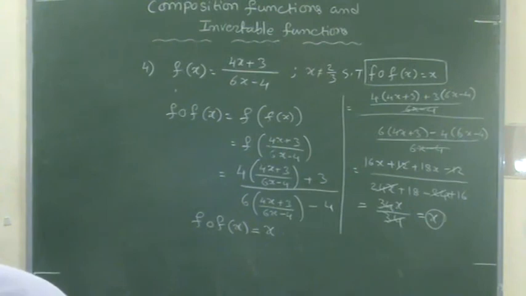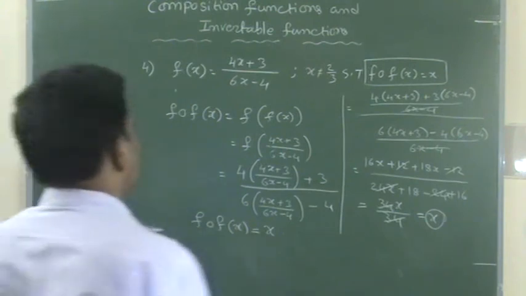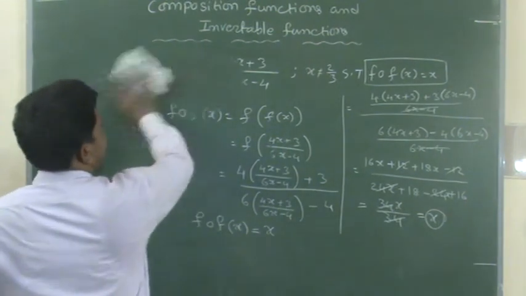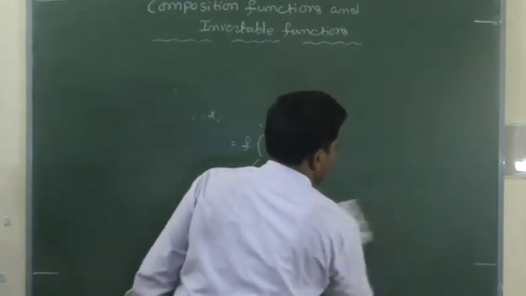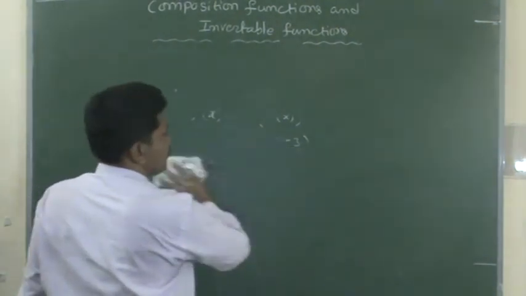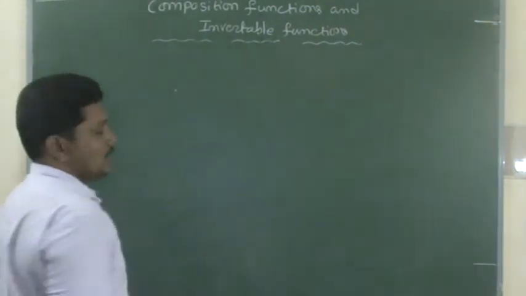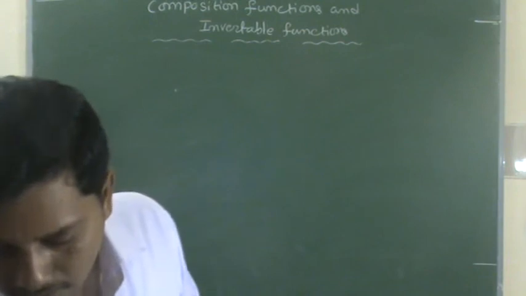Okay. After that, there are two theorems. I want to prove the theorems on composite functions. First theorem: if f is one-one and g is one-one, then g circle f is also one-one.